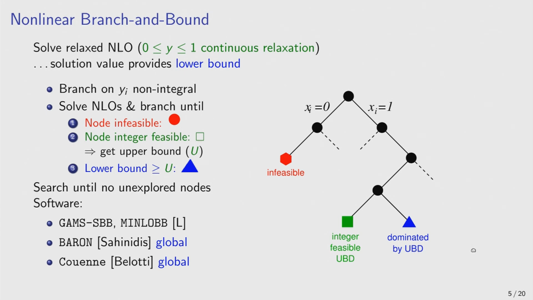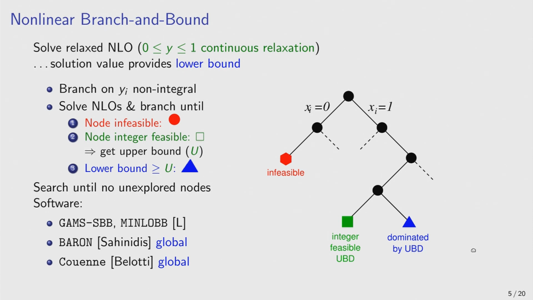If we continue doing that, then we create this search tree. So once one of the variables is fixed to 0 or 1, some of the other variables might be non-integer, and we fix them to 0 or 1. When we're searching this tree, it could be that at some node, the problem becomes infeasible. So there's no point that satisfies both the bounds that we have added and the nonlinear constraints.